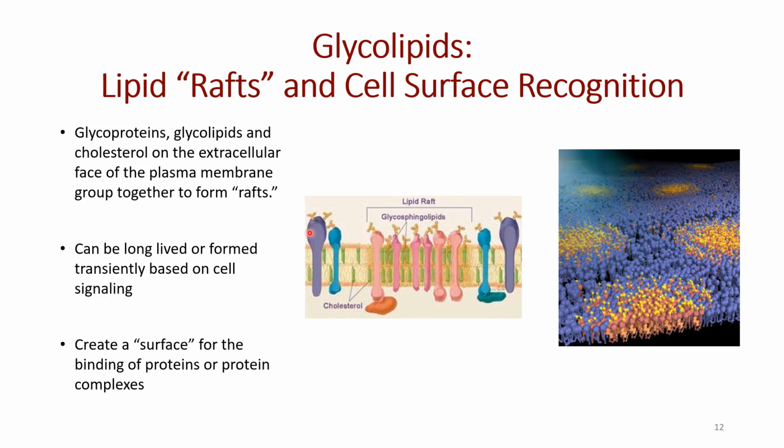We have glycoproteins. If you recall, those are proteins that have carbohydrate groups. We had the O-linked and the N-linked glycoproteins, and they provide a lot of recognition in terms of structure and function. And then a lot of times in between these glycoproteins, you'll have lipids that are also glycosylated.